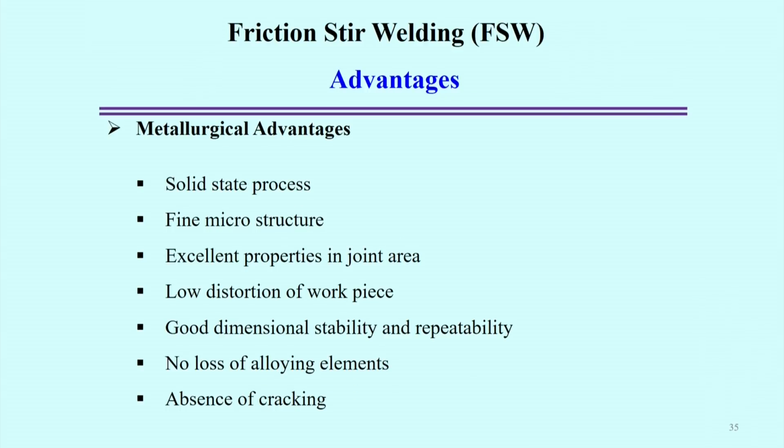Here distortion is very minimal. Then dimensional stability and repeatability are also very high in friction stir welding as compared to other welding processes, and specifically advantageous as compared to fusion welding processes. No loss of alloying elements: like in laser welding, there is formation of a keyhole, and some loss of alloying elements may happen in fusion welding processes.